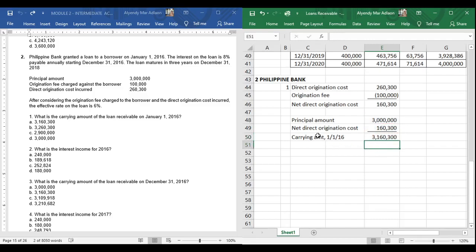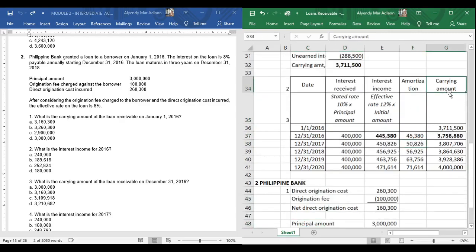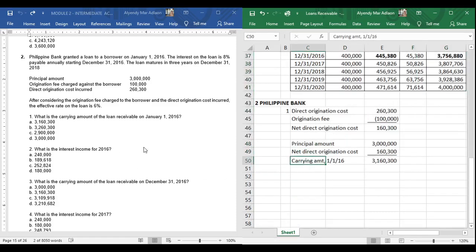Class, you can see that our initial measurement is now greater than the principal amount. That has something to do with the treatment of our amortization. So this is our answer for number 1, 3,160,300, and that is letter A.